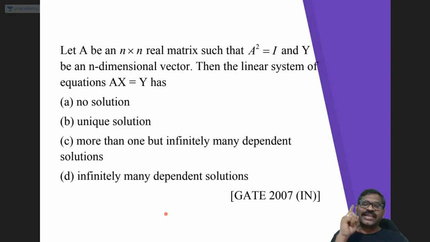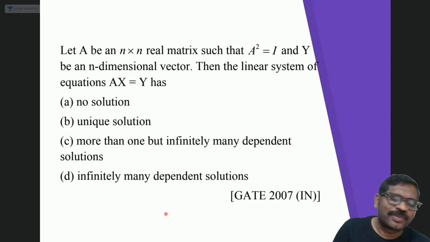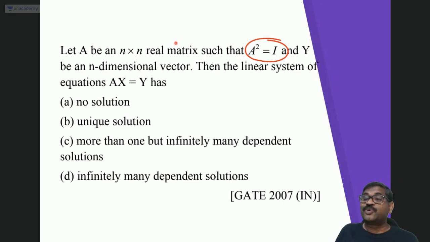Then the linear system of equations Ax equal to Y has. He has given one hint. With the help of that hint, we have to solve the problem. What is the hint? A square equal to I.